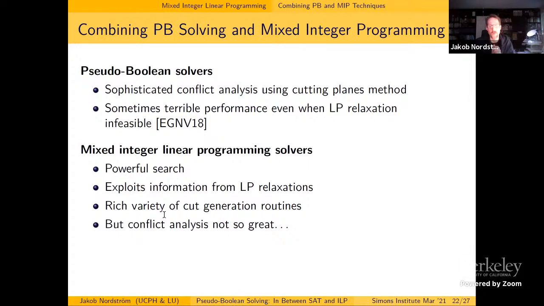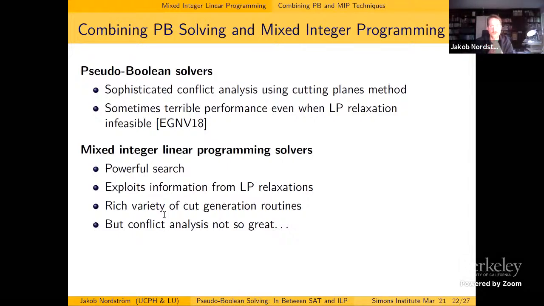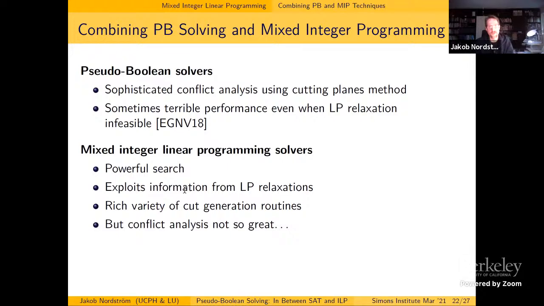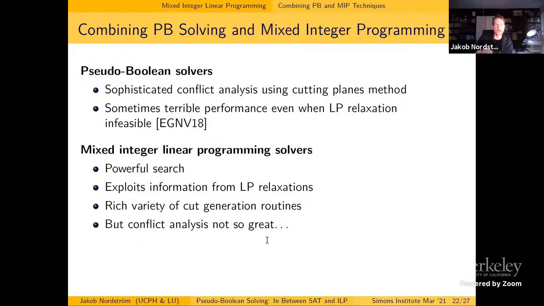This is a scenario where MIP solvers would terminate immediately because in the very first root node, they solve the LP relaxation, they see that it's infeasible, and they terminate immediately. Okay, so mixed integer linear programming solvers have powerful search. They use the LP relaxations. They have lots of different ways of adding constraints. But when they show infeasibility, they basically just backtrack.